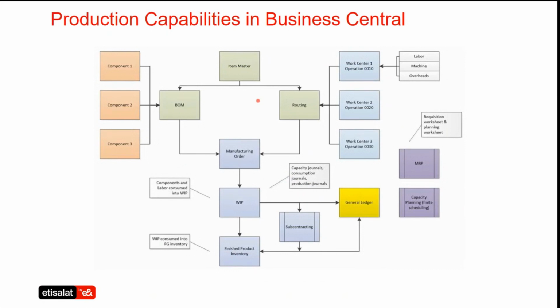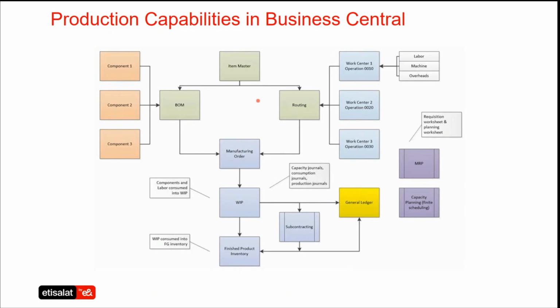The next slide shows the production capabilities of Dynamics 365. This is just a flow chart which can give you a high level view. With Dynamics 365 Business Central Premium, which is a higher end version of Business Central Essential, you can have this module built in, where it will give you capabilities of managing your entire production planning, that is make to order or make to stock, however you want to manage your business production process.